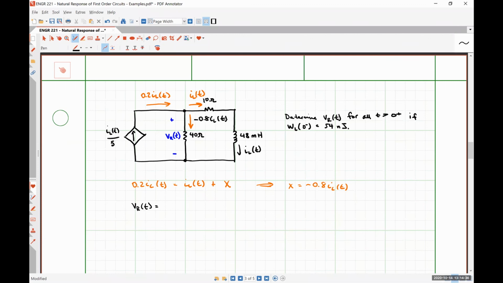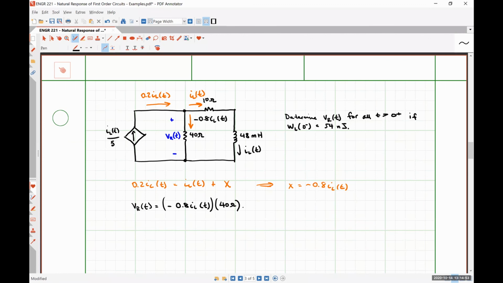It should just be the current, negative 0.8 IL of t, multiplied by the resistor value of 40 ohms, right? Just good old Ohm's law.